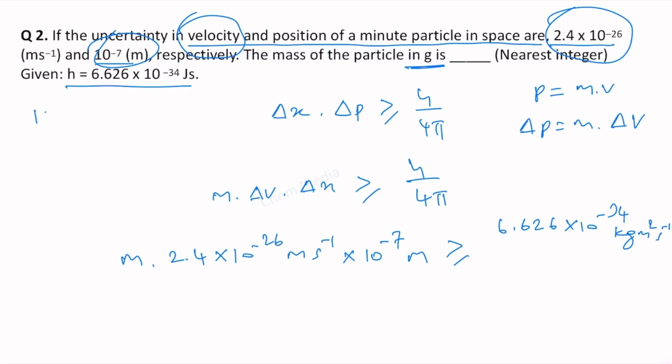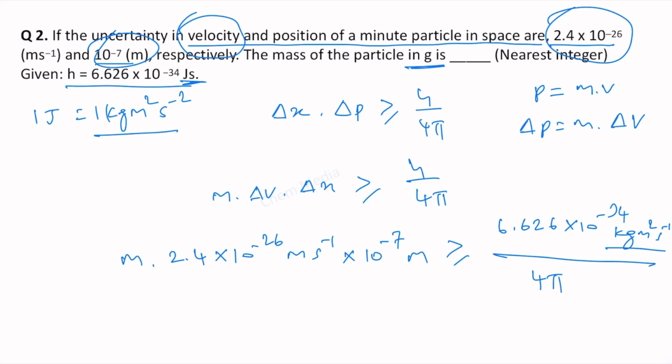The reason is 1 joule is equal to 1 kilogram meter square per second square. So, the Planck constant's unit is joule second and 1 joule is this much, and that is how we come here. So, this is divided by 4 pi.